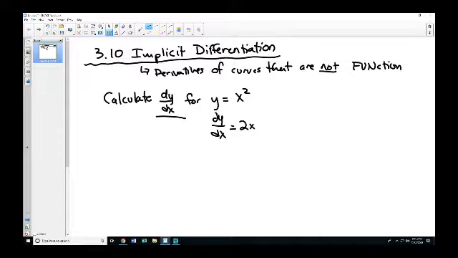So what is the derivative of y? The derivative of the character y is 1. But since it's y, and we're differentiating with respect to x, we have to note that it's dy/dx. And then of course x is 2x.